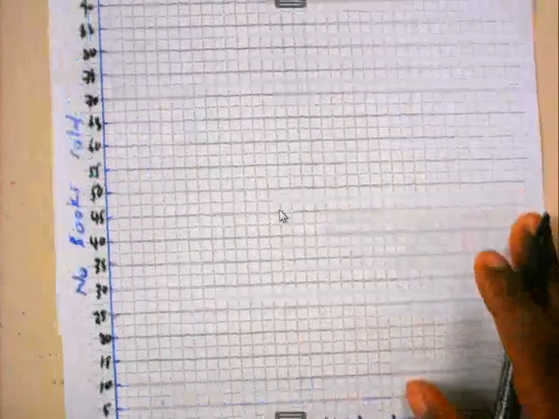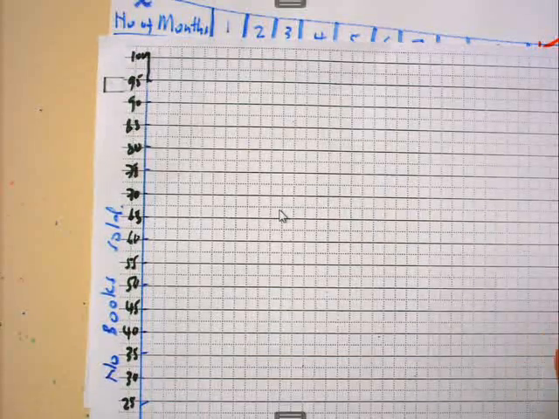Good. That will be the number of books sold. Remember, we take this information from the set of data.